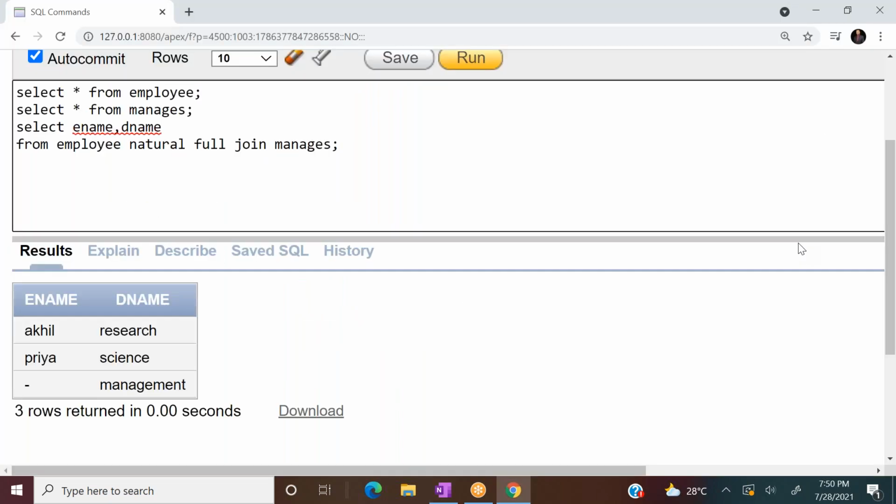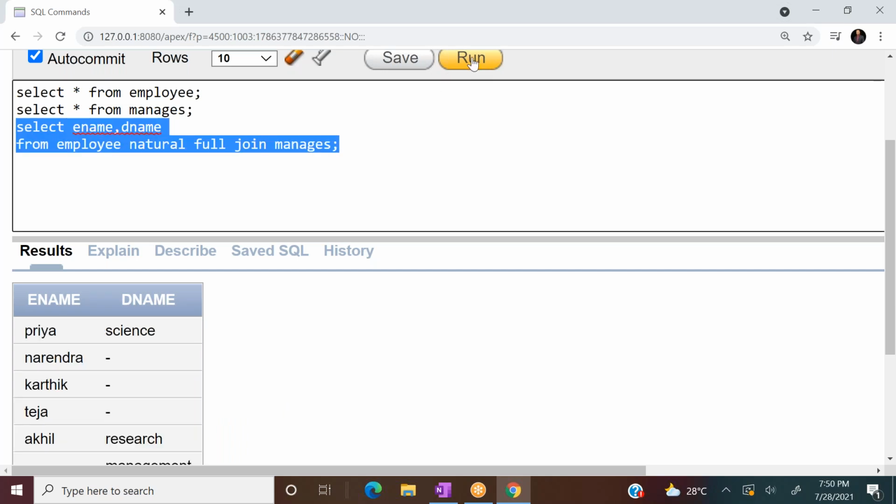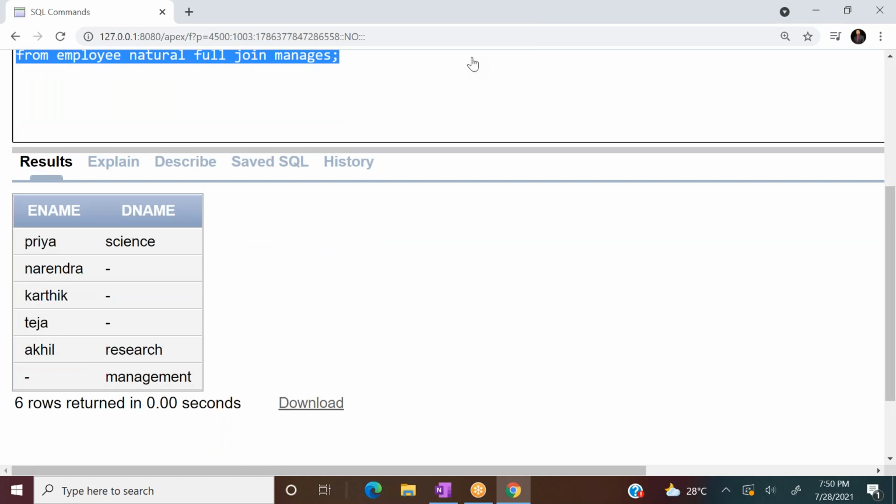Look at. If I check the output of this, click on run. See how many you can see totally? 6 tuples. Here, how many we have? 6.